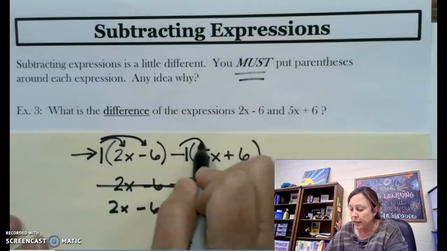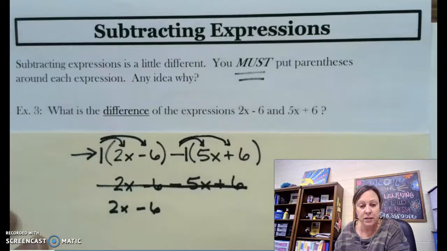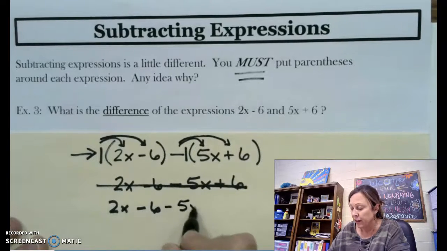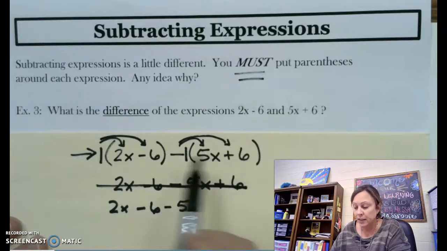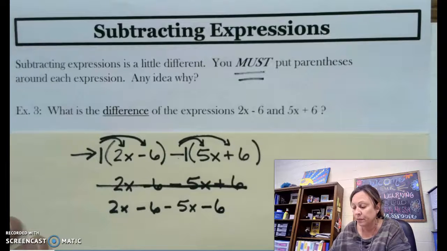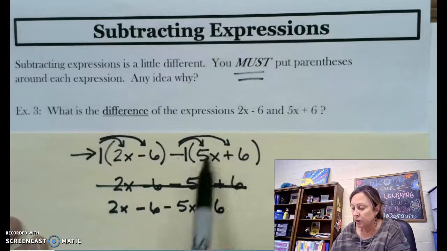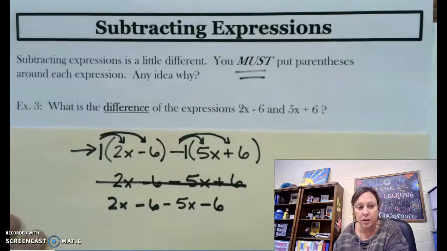When I distribute a negative 1, you see that negative 1 times 5x becomes negative 5x. When I distribute negative 1 to positive 6, that's negative 1 times 6, that becomes negative 6. Notice how this term now becomes negative 5x minus 6. I'm subtracting both. So I'm on the right track here.